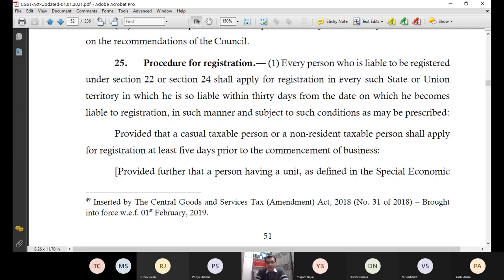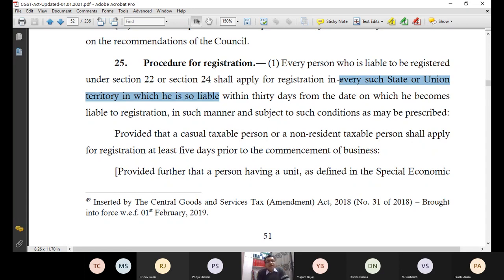Every state. This is the main point: GST registration is state-wise in India. Registration has to be applied for in every state or UT in which he is so liable. So wherever I am liable, or from where I am making my taxable supply, in that state or UT, I need to register.